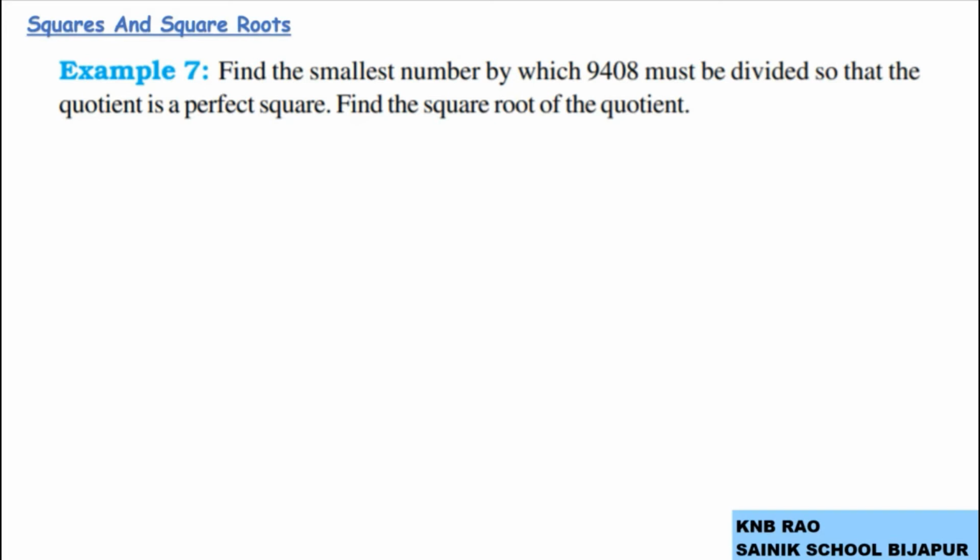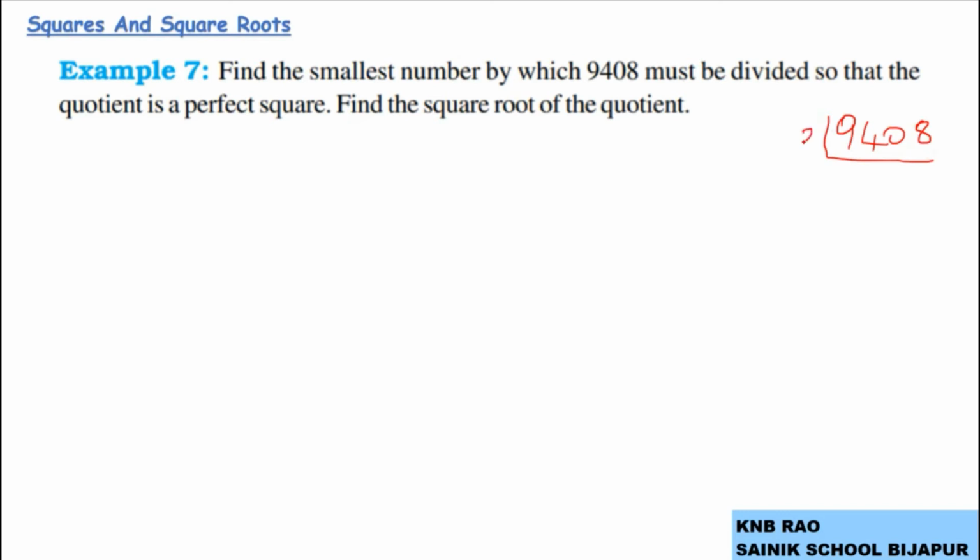Find the square root of that new number. This is the question. See students, first of all 9408 is not a perfect square. We can straight away say because it is ending with 8. A number ending with 2 or 3 or 7 or 8 will not be a perfect square. We learned that.